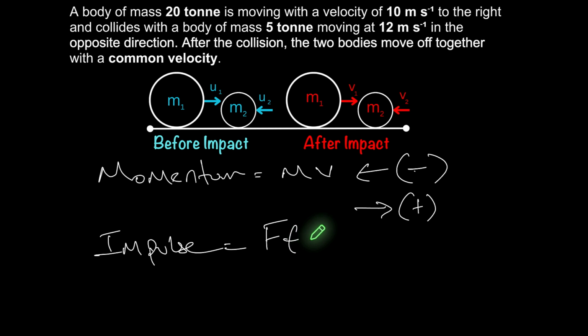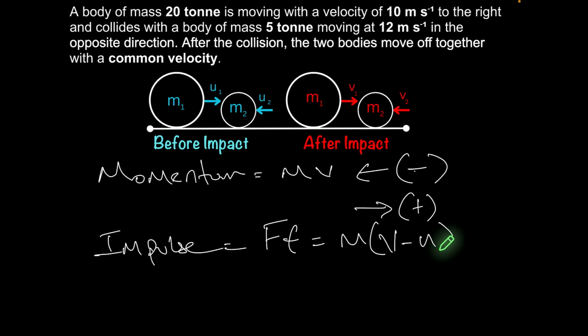This will be dimensionally aligned to our momentum formula. If we do mass multiplied by change in velocity, you will see where the unit coincides with momentum. So both impulse and momentum have a lot of similar characteristics.